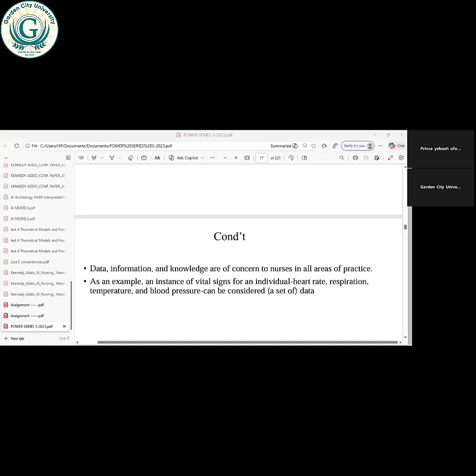But if we are able to know that after the exercise, almost everybody's BP has gone up, then we can interpret and say that after every exercise, all the patients' BP have elevated, and that will be our conclusion or the knowledge that we can get.